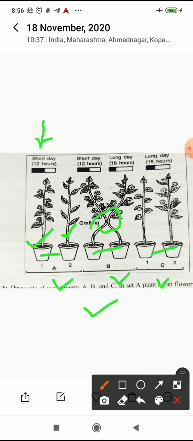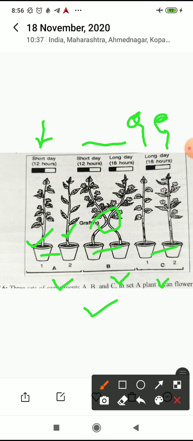And when such two plants were grafted, after grafting they came to know both the plants flower. Both the plants flower. And it is plant B, though it did not have proper photoperiod, that also got flowers.